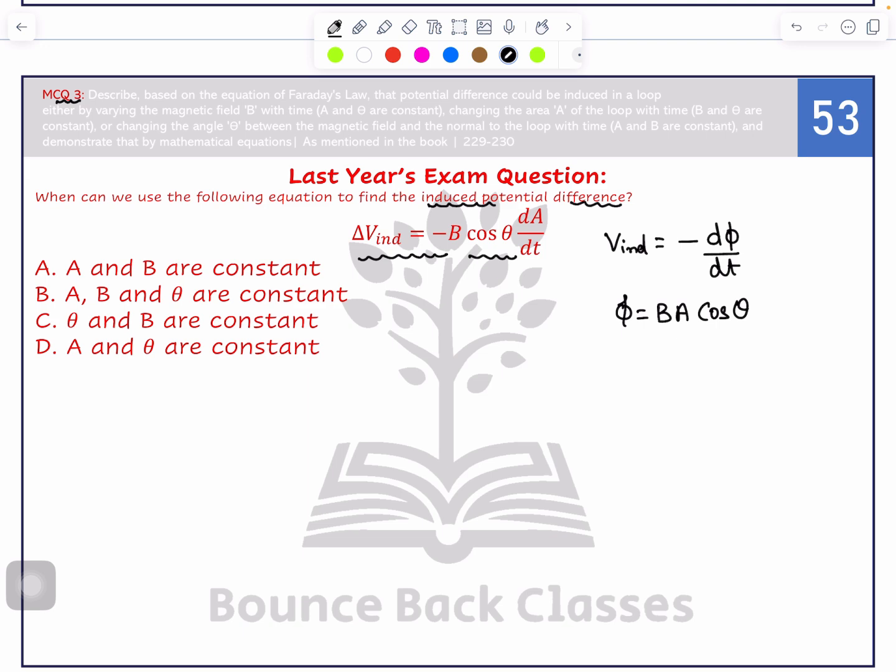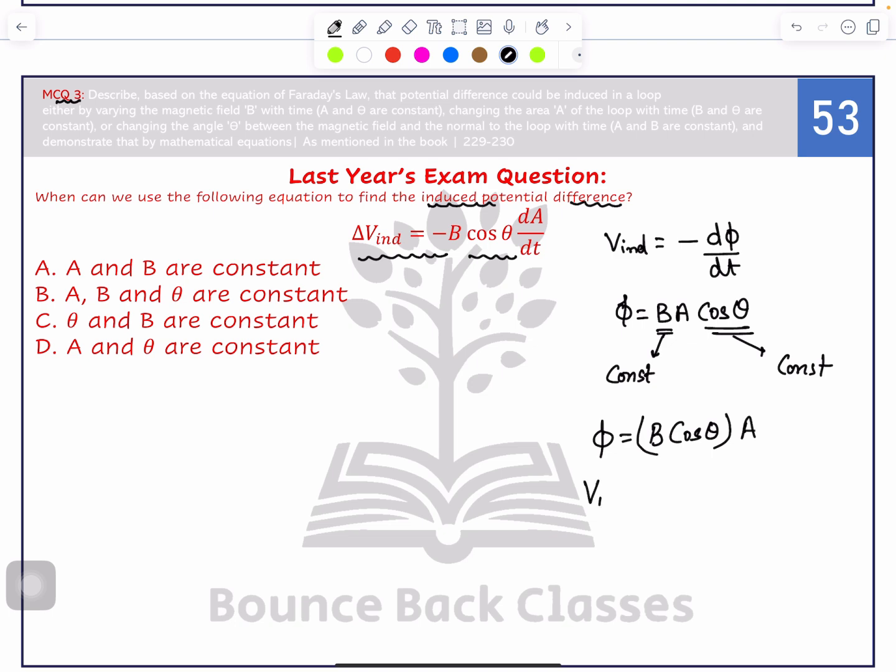So as per this question, can we say B and theta are constant? This is a constant value, yes or no? So can I say, for phi, bring B cos theta outside and keep A here.